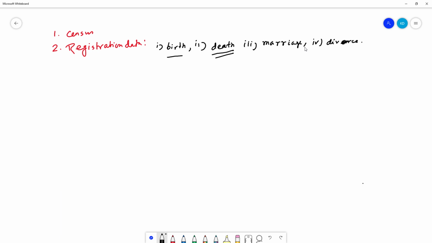So, from vital statistics registers, we have data regarding the number of these vital events, that is birth, death, marriage, divorce.